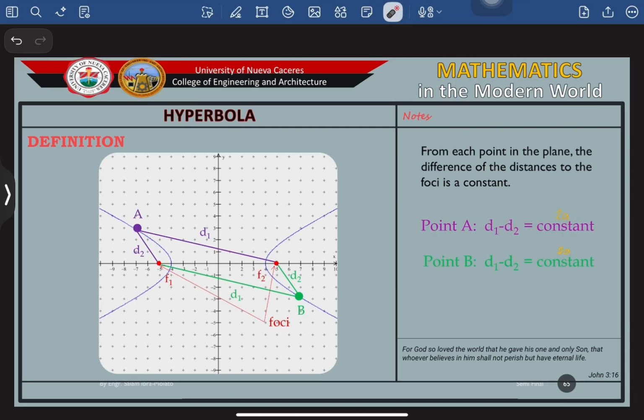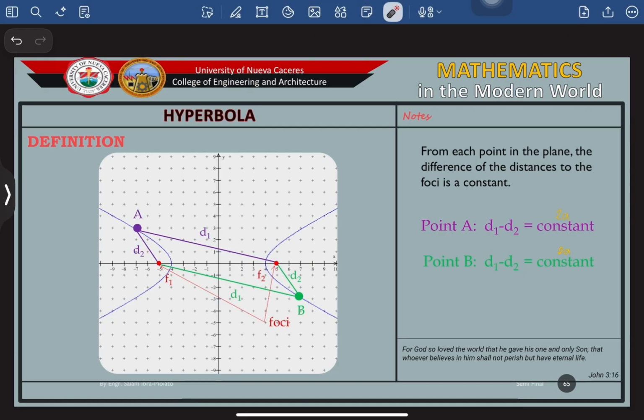So constant po yung difference ng distances from this focus to one of the points along the hyperbola, to another distance from that point to the other focus. So therefore, ito din is also equal to d sub 1 minus d sub 2 is equal to 2a. Kaya siya constant.